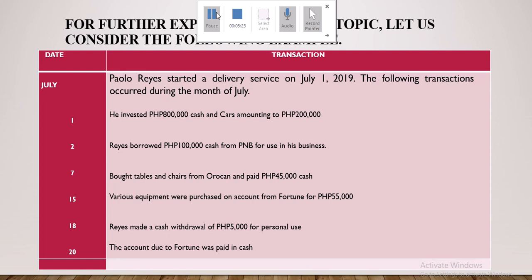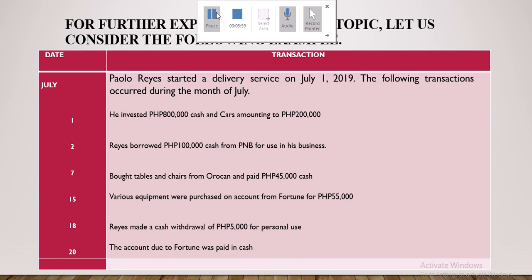Okay. Next day, July 2, Reyes borrowed 100,000 cash from PNB for use in his business or for additional investment to Mr. Reyes' business. On July 7, he bought tables and chairs from Orocan and paid 45,000 cash.